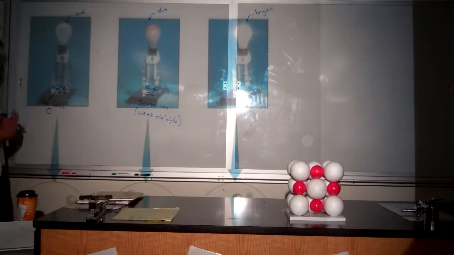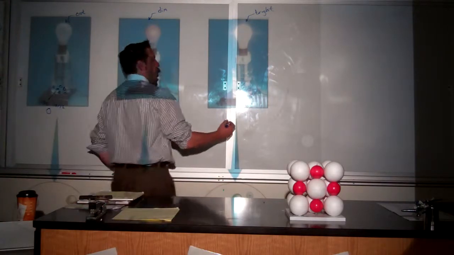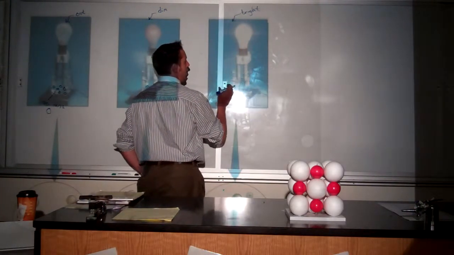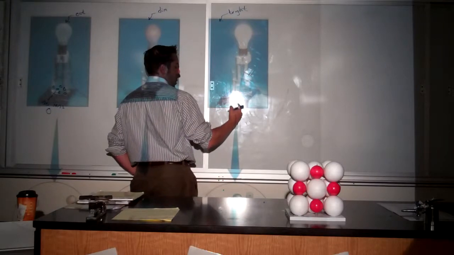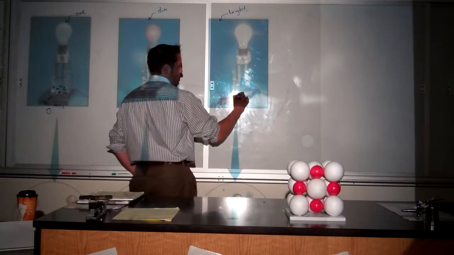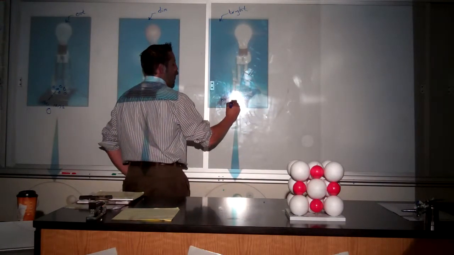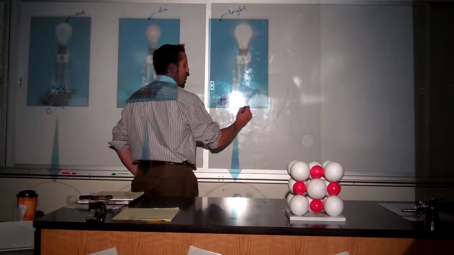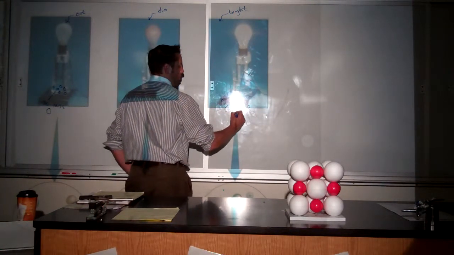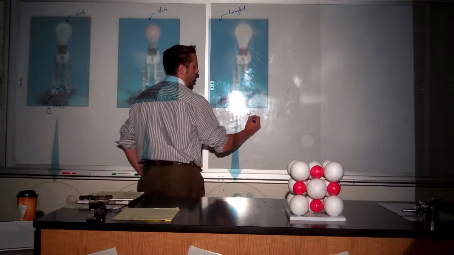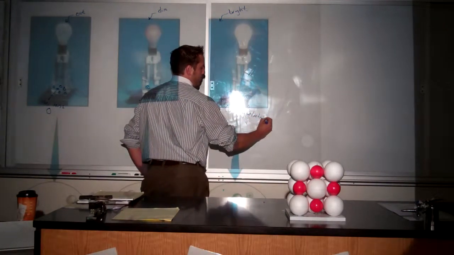The last type is very, very brightly lit. That means this solution here must have many ions, and this would be what we call a strong electrolyte.